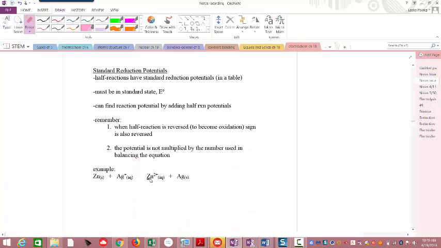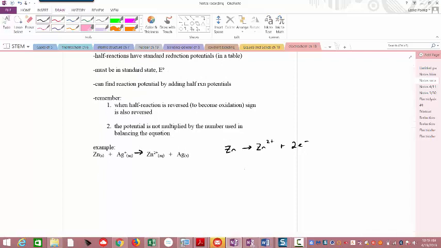If this is our equation, our half reactions here are zinc going to zinc 2 plus plus 2 electrons, and then silver ions plus 1 electron going to silver.